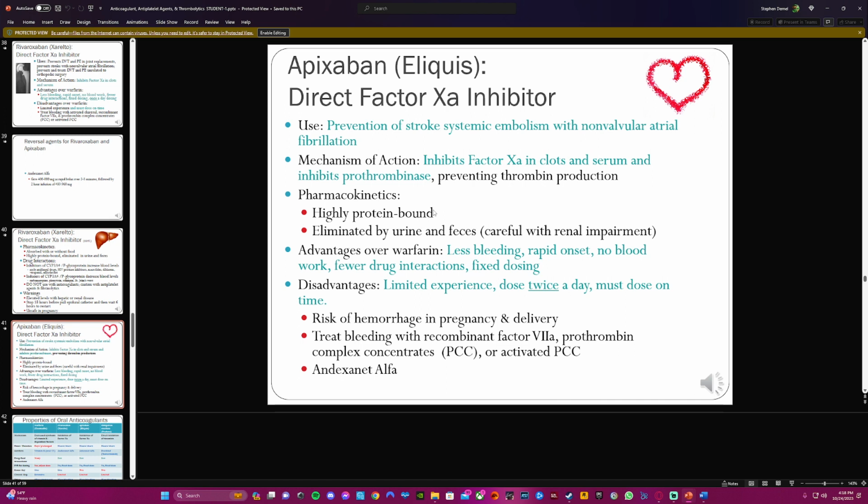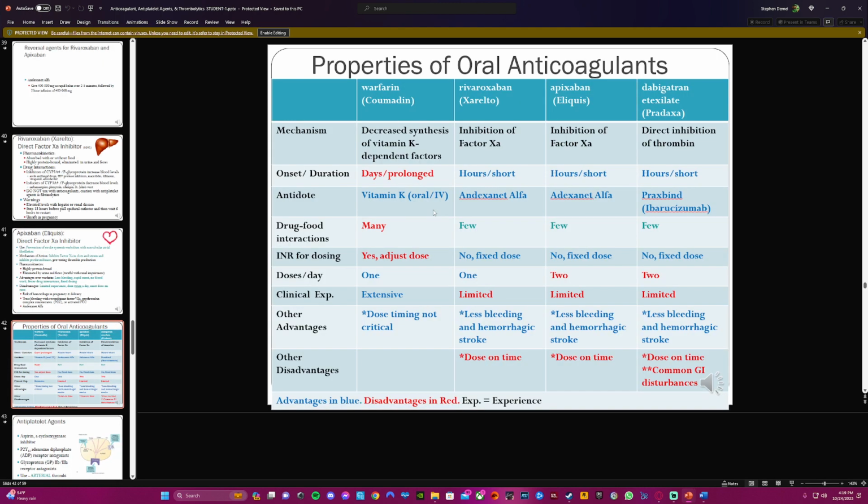The advantages over warfarin are less bleeding, rapid onset, no blood work, fewer drug interactions, and fixed dosing. Disadvantages are limited experience, you need to dose twice a day and must dose on time, and there is a risk for hemorrhage in pregnancy and delivery. Treat bleeding with recombinant factor VIIa, prothrombin complex concentrates, PCCs, or activated PCC, and andexanet alpha.